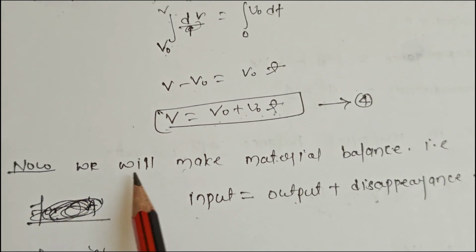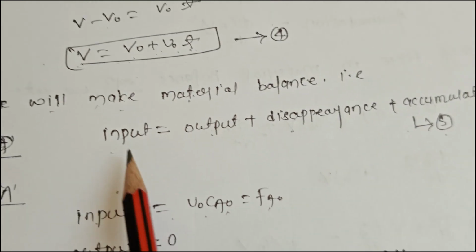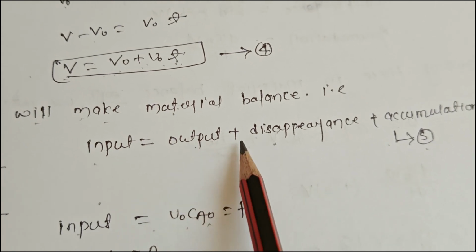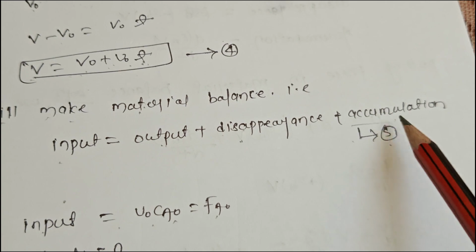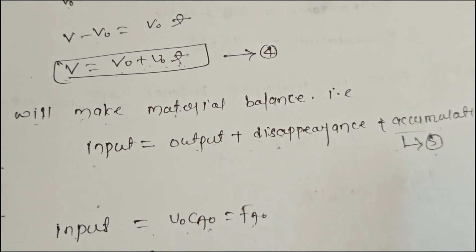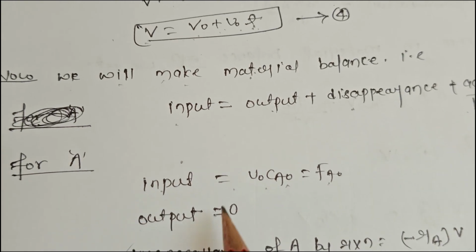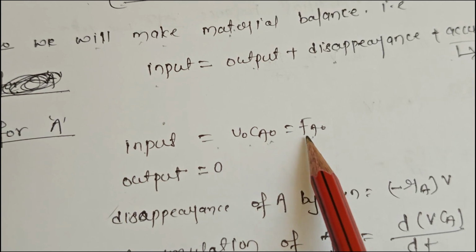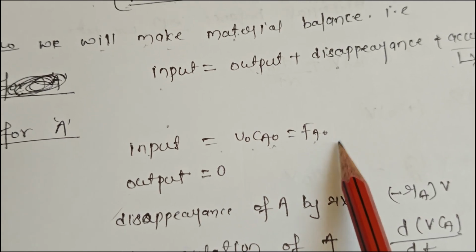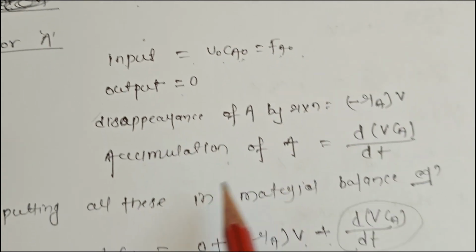Now we will make material balances, that is input is equal to output plus disappearance by reaction plus accumulation. Say this is equation 5. So for A, material balance is input of A will be V naught Ca, that will be equal to Fa naught. As we know, output is equal to 0.